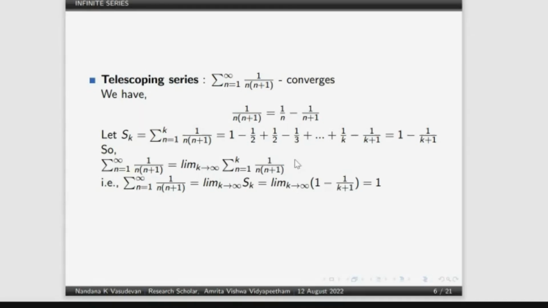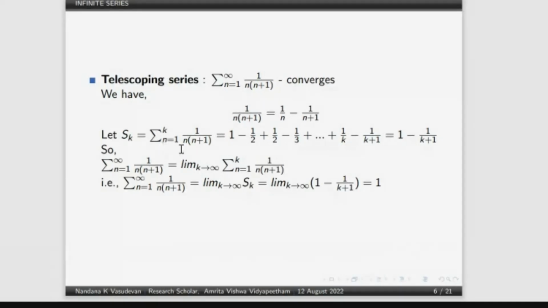So here, in case of telescoping series, we have been given the general term to be 1 by n into n plus 1. So we are splitting the term as 1 by n minus 1 by n plus 1. So what I'm doing is I'm taking the partial sum, right? I'm taking Sk, which is summation n equal to 1 to k, 1 by n into n plus 1.